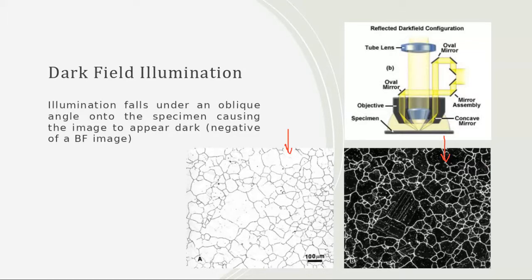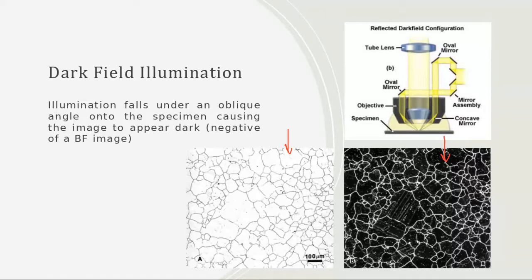Why should I look at anything under dark field illumination? Well, with dark field, since it's using light that comes in at an oblique angle, from the sides, it will reflect off of edges, crevices, anything else that has a little ledge.